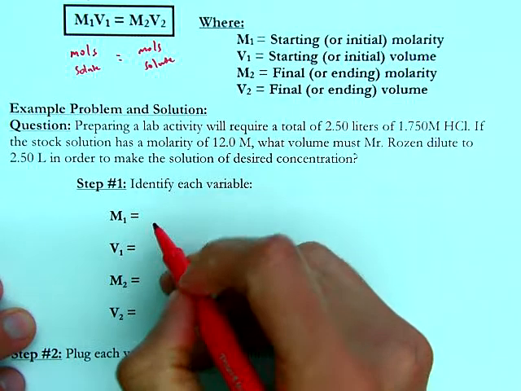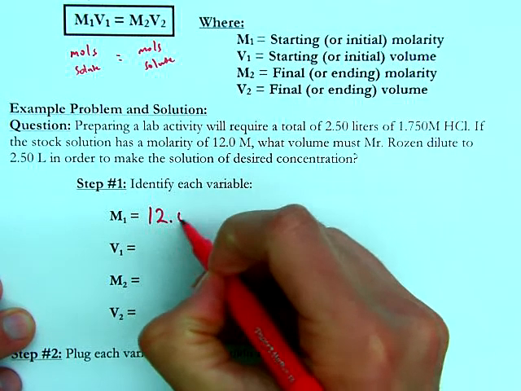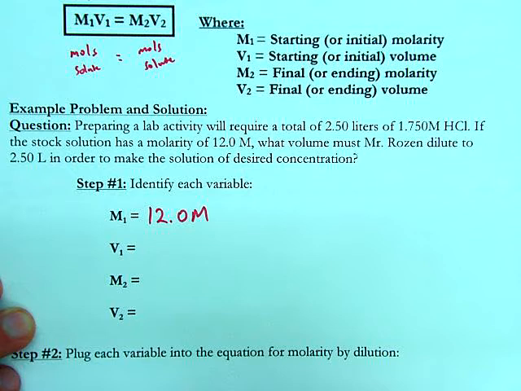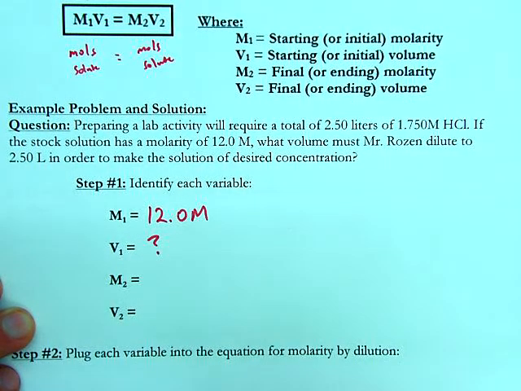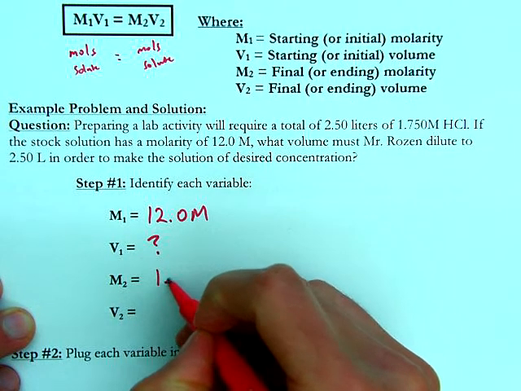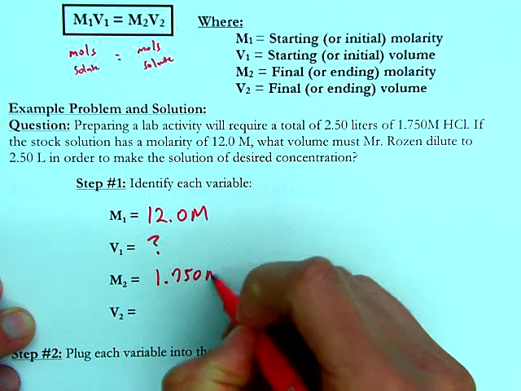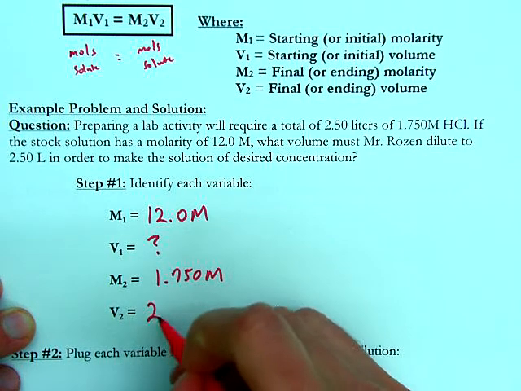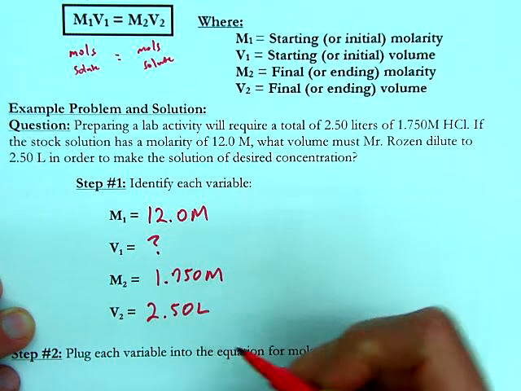So the starting molarity is 12 molar HCl. I'm trying to figure out what amount of it I need to dilute in order to have an ending molarity of 1.75 and an ending volume of 2.5 liters, right?